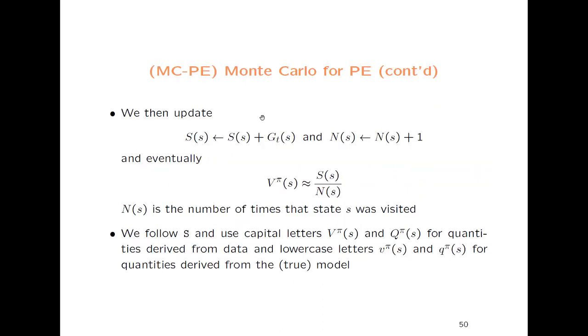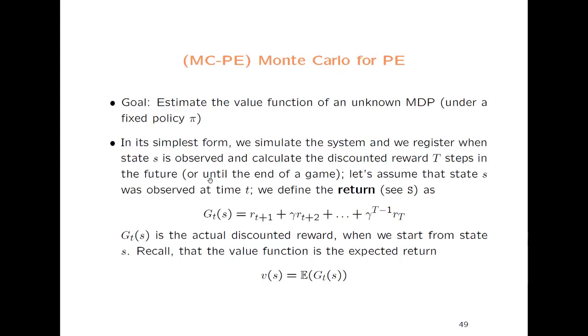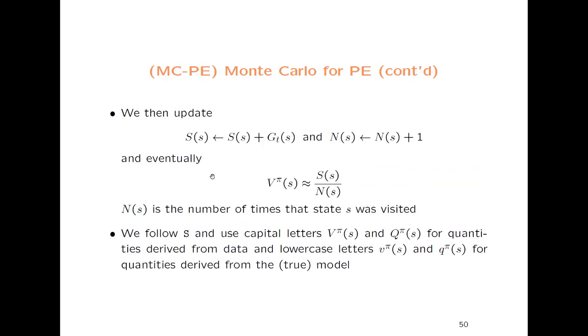So and then we update. In S we are accumulating the experience, so the return, the actually observed return, in the simulation. So this is not an expected value, these are the actual observed returns.